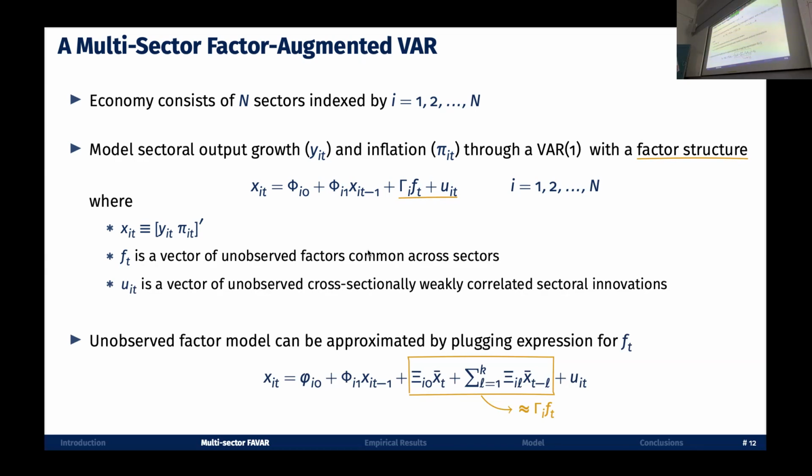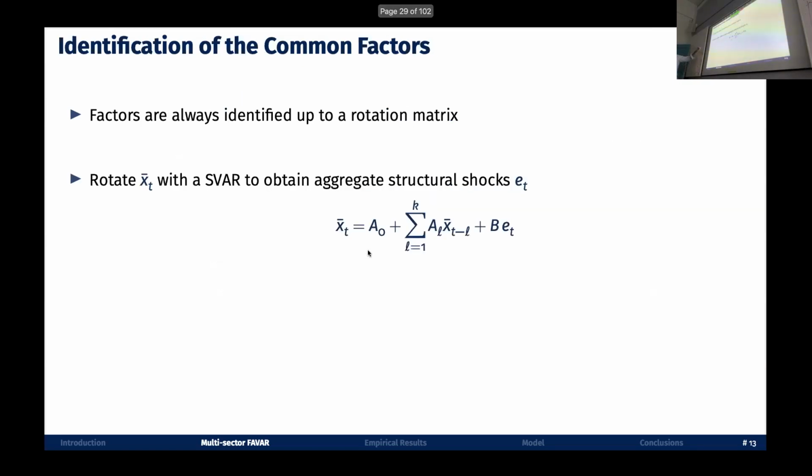And since these are observables, I can rotate them in an economically meaningful way. While factors, if you have no idea what they are, you can rotate them as much as you want, but you'll never convince me that one factor is aggregate GDP and the other factor is aggregate inflation. Okay? So what I'm going to do next is to take these, the X bars, and rotate them with an aggregate VAR.